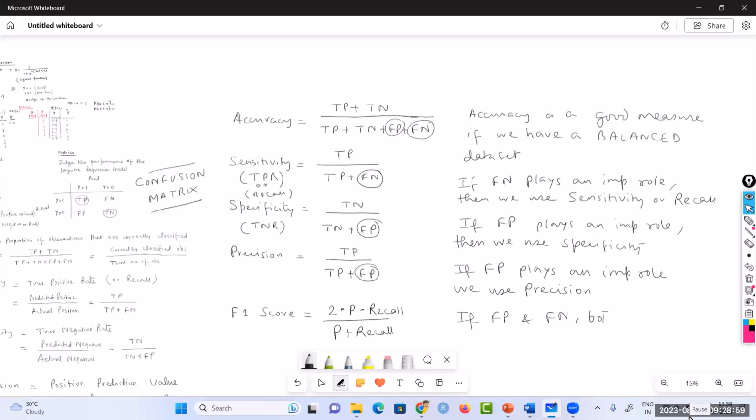Both have an important role, we use F1 score. Okay, this part let me remove. I'll come to this part.